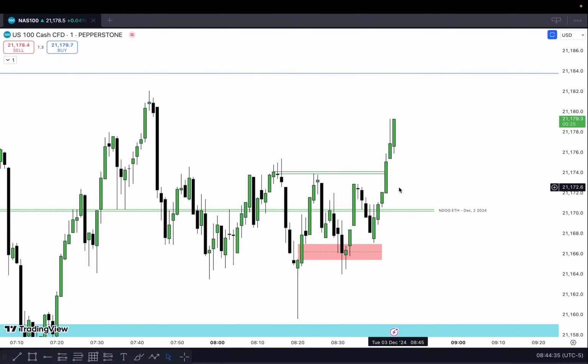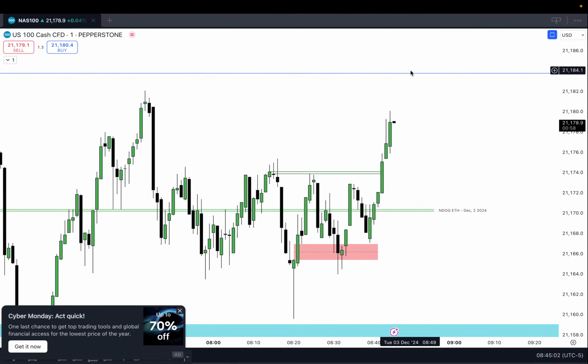And if it doesn't give any entry, then it will just move. So right now that displacement is nice, and it is making me feel like we'll keep this gap open and we'll attack the buy side.